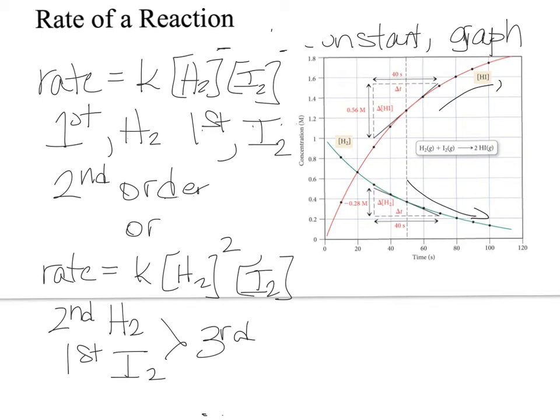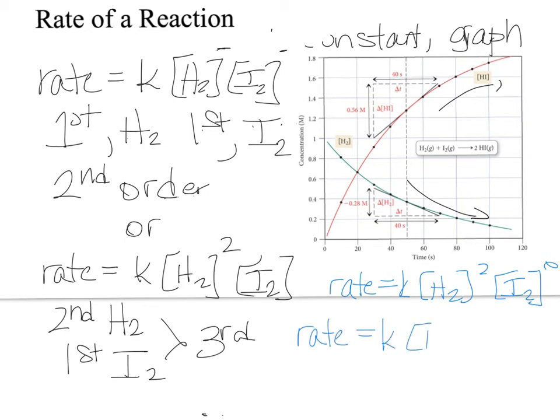There are several more. Say that rate is equal to K times hydrogen to the second order and iodine to the 0 order. Another way of saying that, anything raised to the 0 power is 1. So we would not have to include the concentration for that because it's just multiplied times 1.